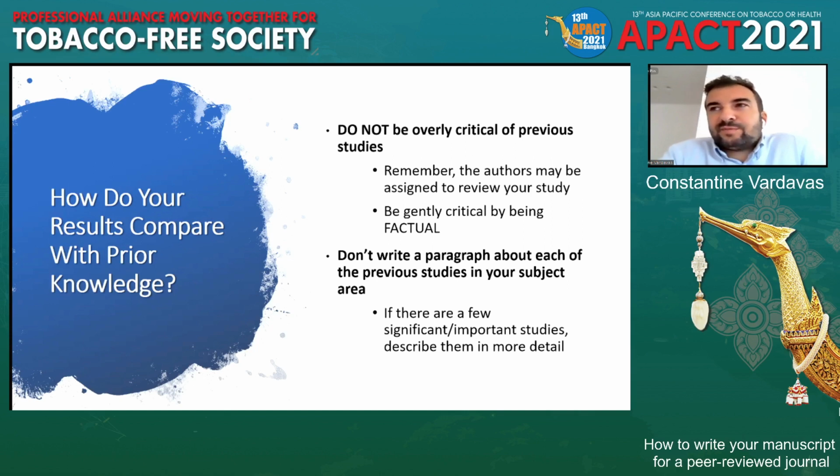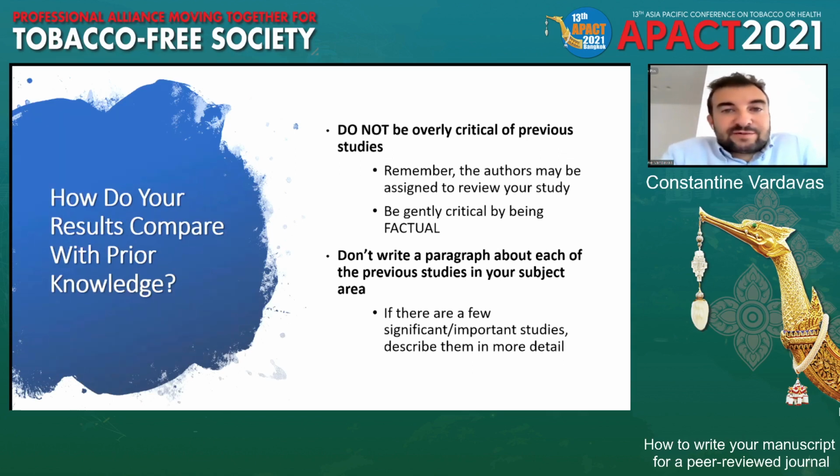It would be inappropriate to write, for instance, that this study was performed by Vardavas et al. and has very different results because he did not know what he was doing, or he made mistakes. You don't write that in the manuscript. You could say that our results are different from the study of Vardavas, as our approach was X, while his approach was Z. You don't have to go into detail saying he was good or bad. Stick to the facts.